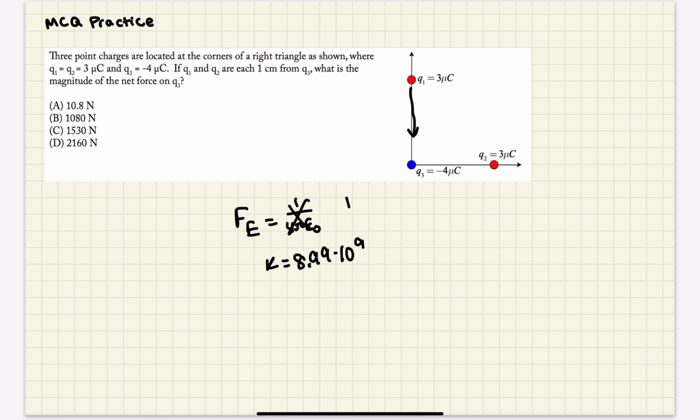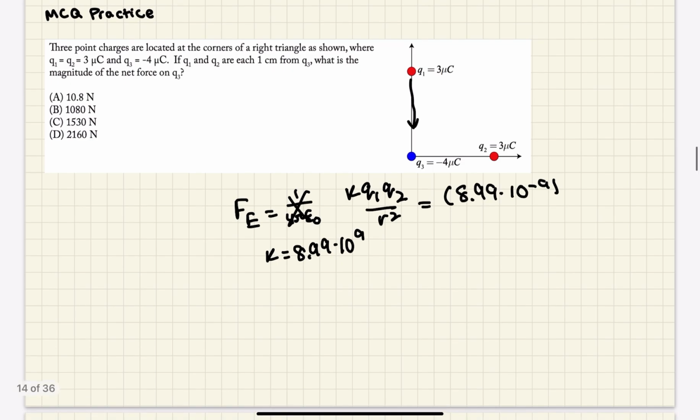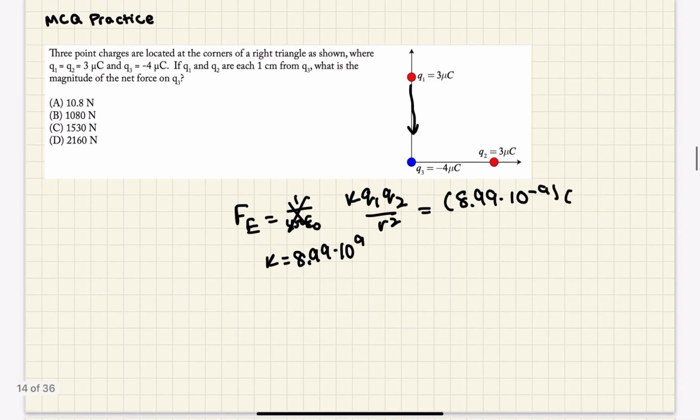So instead of this, we can just do k q1 q2 over r squared. Q1 here is going to be, so we can actually replace what we know. It's 8.99 times 10 to the power of 9. That's the value for k that we just found out. And then we have to multiply by the charge, which is 3 microcoulombs. So 3 times 10 to the power of negative 6.